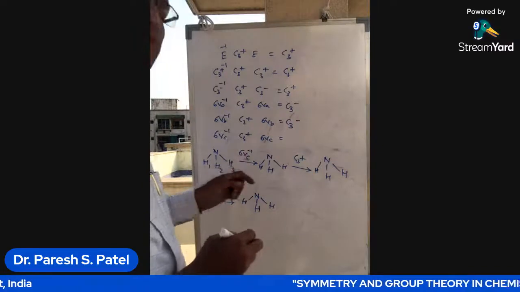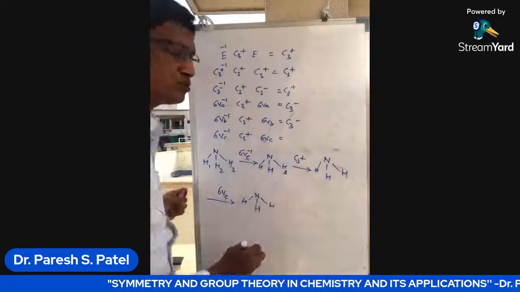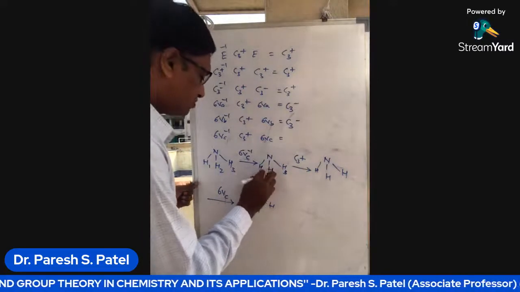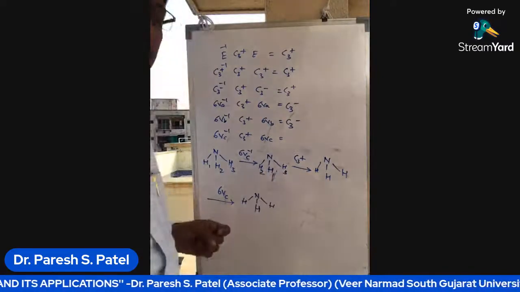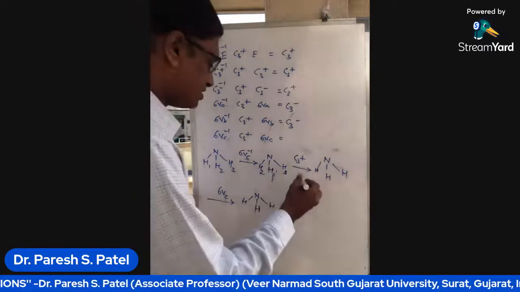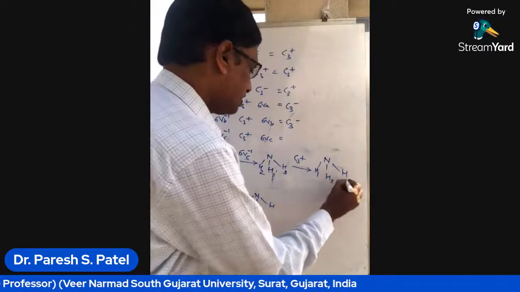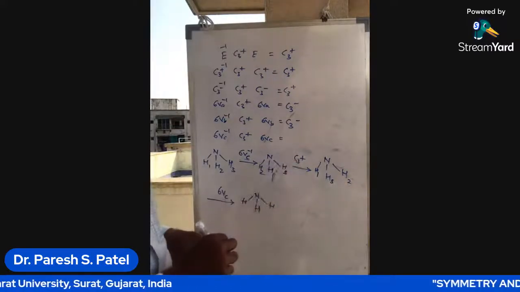Now if we operate sigma Vc inverse, it means we have to put a mirror over here. So position of the hydrogen 3 remains as it is. There is no change, and to change the position of the hydrogen 1 and 2, then C3 plus, it means 1, 3 and 2. 1, 2, 3. Now this is the rotation followed by the reflection.